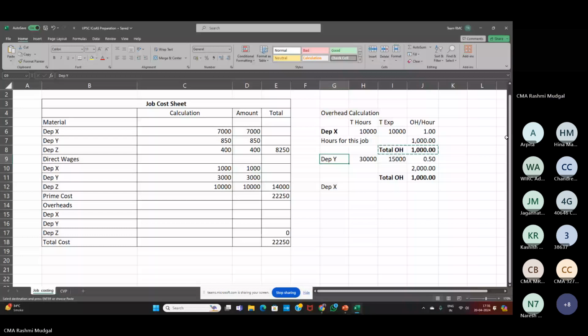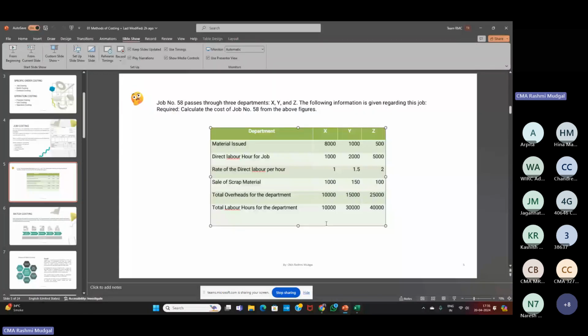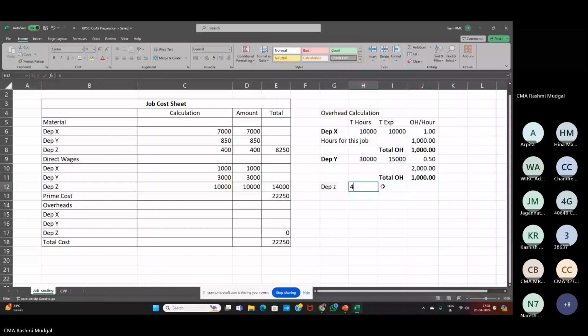In department Z overheads, we can see the cost that has been spent is 40,000 hours and the overhead cost is 25,000.